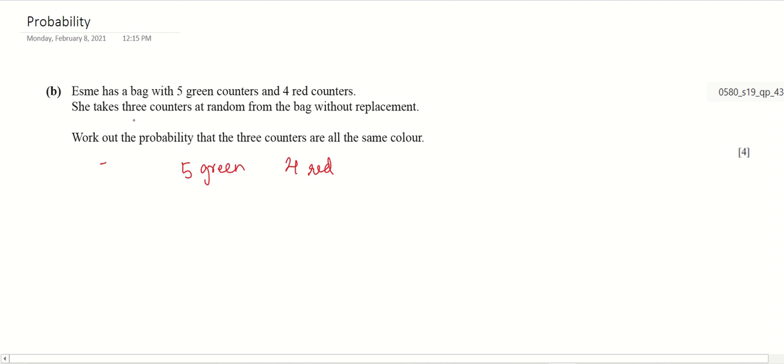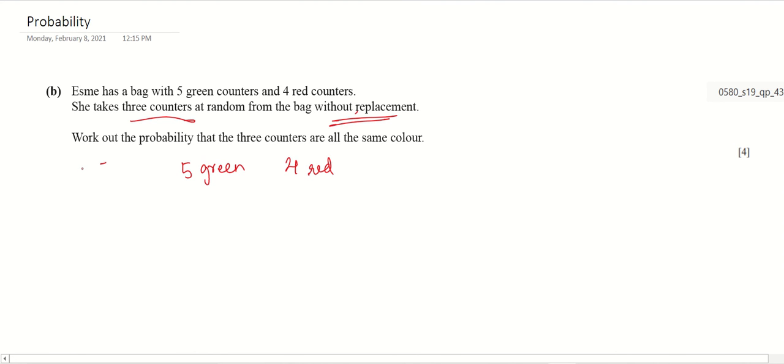So she takes three counters, right? At random without replacement. Be careful about this word, without replacement. This is going to actually change the procedure of you calculating for probability, whether by reading or just by the question stating that she replaces it, or without replacement she doesn't replace it, right?